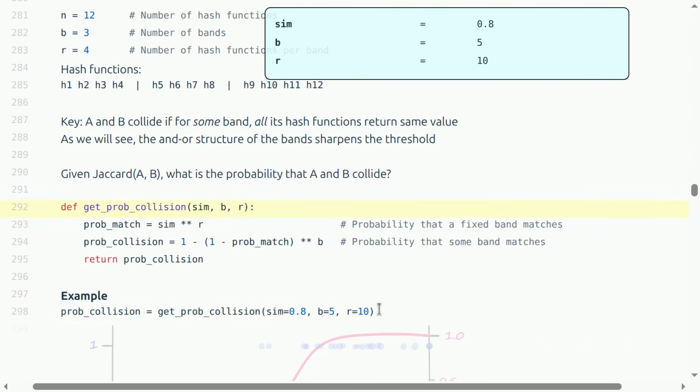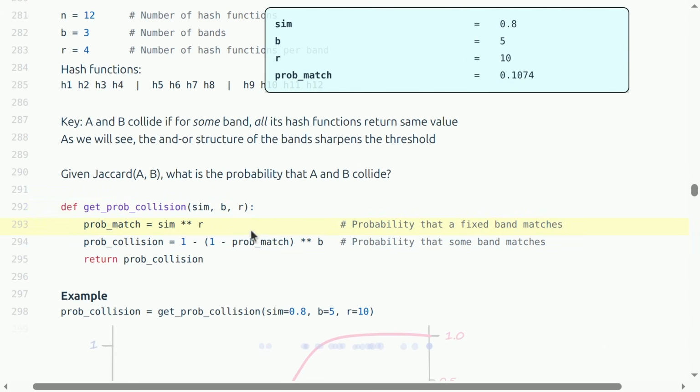What is the probability of a fixed band matching? That's 0.8 to the R, because each band has R hash functions, and they all have to match. So the probability of a fixed band matching is generally quite low. It's exponential in R.